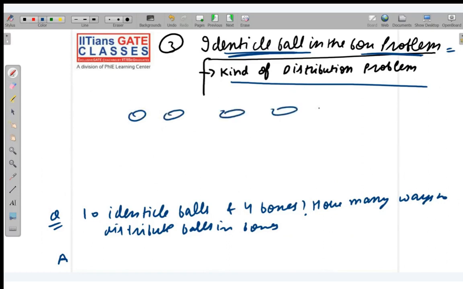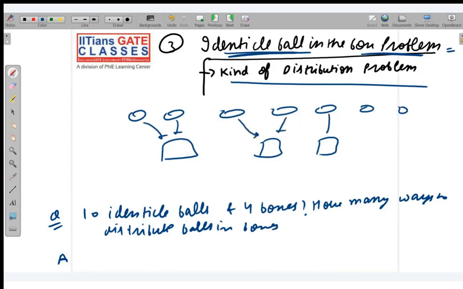So we have a few balls, all of them identical, and a few boxes, and we want to put the balls in them. There is no restriction. You can put all the balls in one box, or you can put two balls here, two balls here, three balls here, and so on. So how many ways of doing that? That is the question.